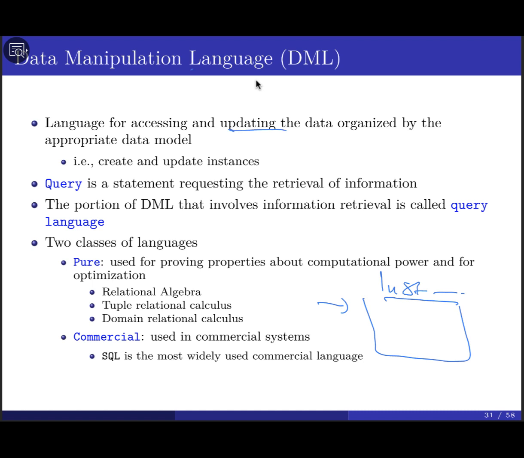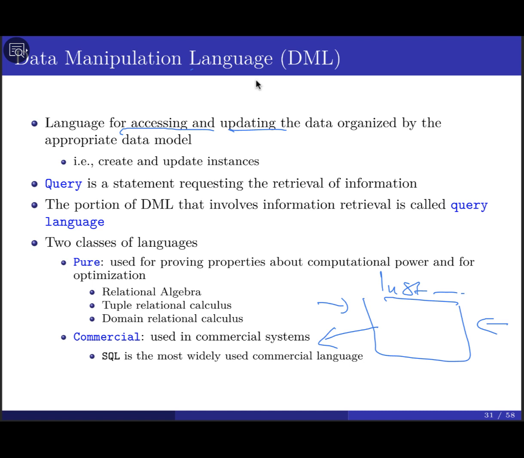Again, it updates, modifies, or accesses the data. For example, how can you retrieve the data? When you say retrieve the data, that means you are going to access this table, then extract some information. For example, I want the list of all the instructors that work in, let's say, the computer science department. So that means I'm going to use the data manipulation language.